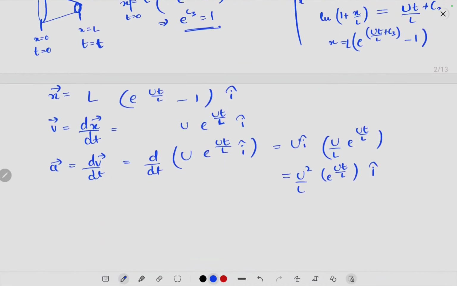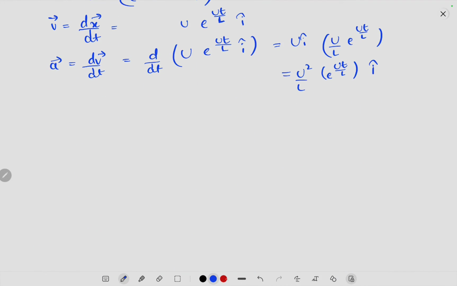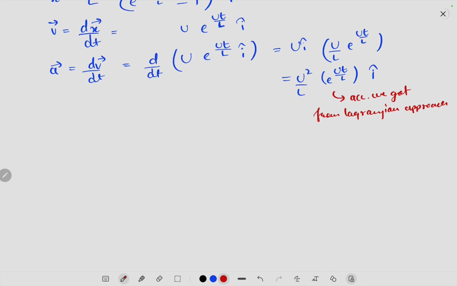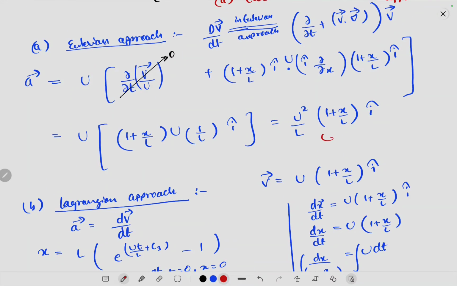Now you can see the acceleration that we got from the Lagrangian approach, and the acceleration that we got from the Eulerian approach.